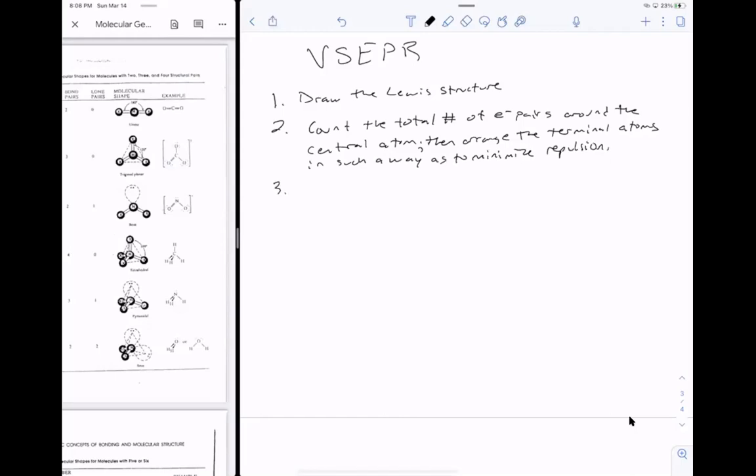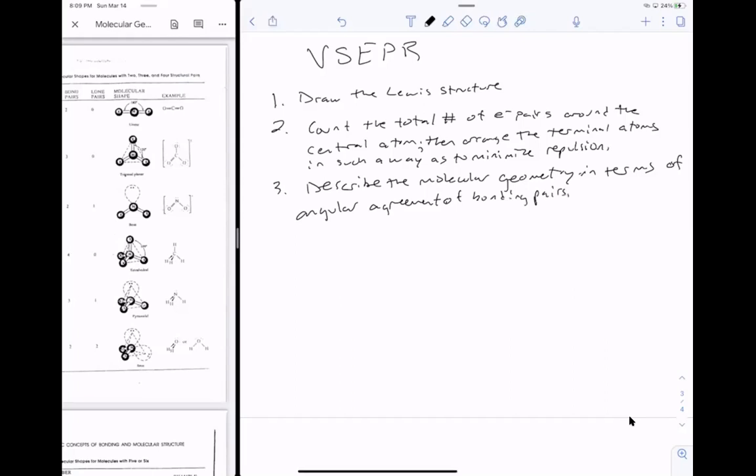And then number 3, describe the molecular geometry in terms of angular arrangement of bonding pairs. Probably should add that.